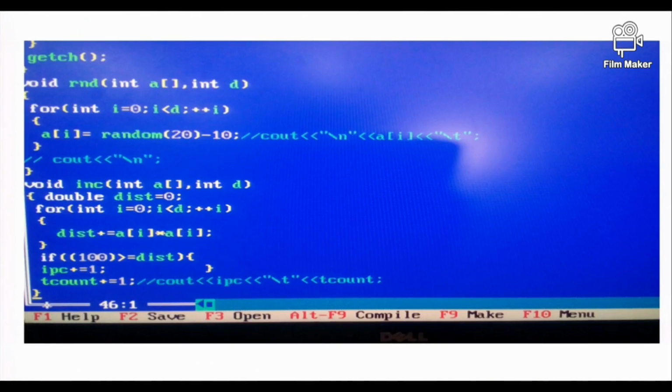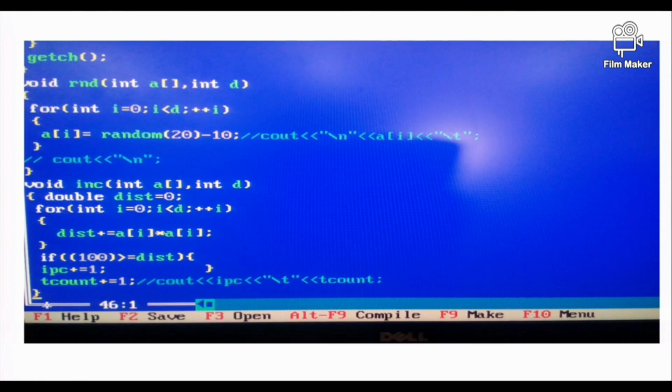The next function we have here is the in-circle function. Here we check whether the point lies inside the circle or outside the circle, that's all. For this, we find the distance of the point from the center of the circle, and then we compare that to the radius of the circle.